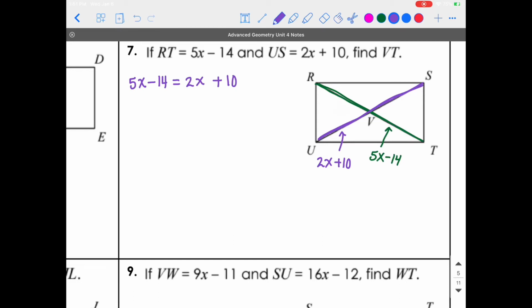And I can subtract 2x from both sides, giving me 3x minus 14 equals 10. And add 14, we get 3x equals 24. Dividing by 3 gives us x equals 8.